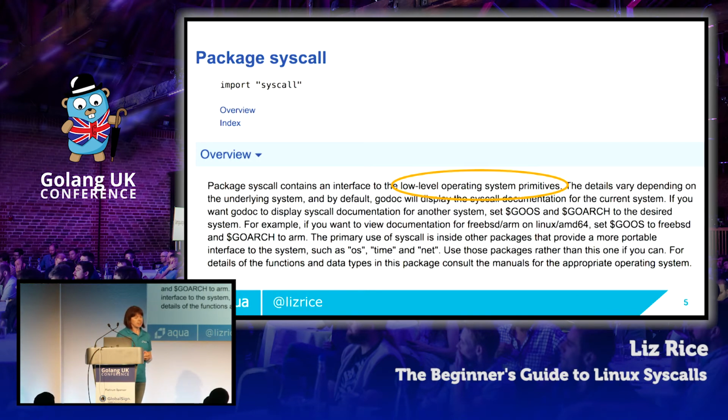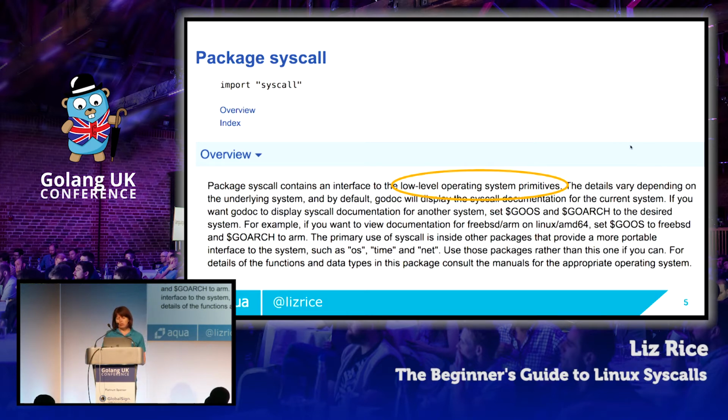So the documentation tells us that the syscall package is an interface to the operating system primitives. That agrees with what Wikipedia said. This is good. And it tells us that it varies according to the operating system and the architecture that we're running on. It tells us that it would prefer us to go and use other higher level packages rather than this one, but that doesn't sound like fun, so I'm going to use this one.